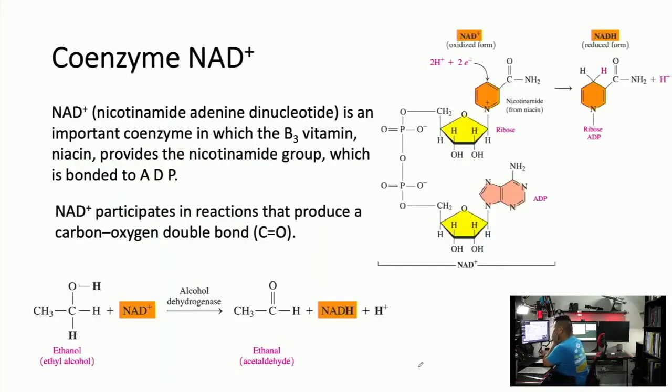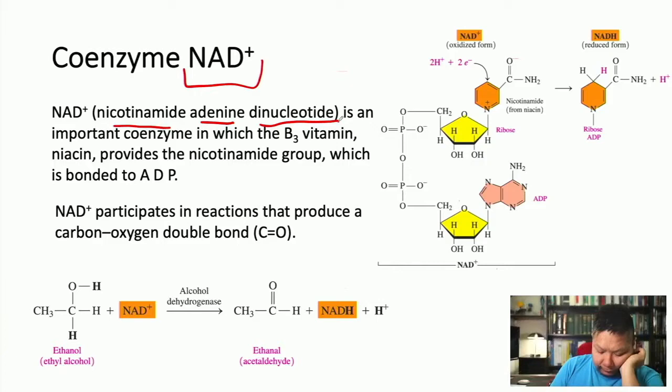There are several different coenzymes involved in glucose metabolism, and one of the most important is NAD. NAD stands for nicotinamide adenine dinucleotide, and it's considered an electron carrier. In glycolysis, we use NAD to carry electrons.